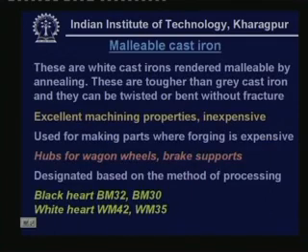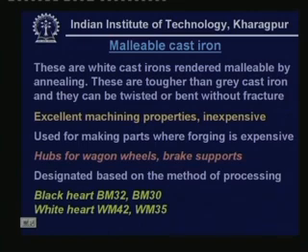Malleable cast iron. One thing you will understand is that these have malleability, meaning they can have a good amount of deformation, or a good amount of plastic zone. These are white cast irons rendered malleable by annealing. Annealing is a heat treatment process in which you heat the material and then cool it down.